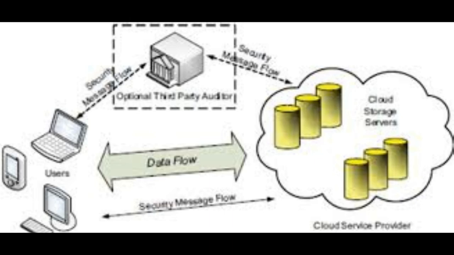Optimized performance. By distributing services across multiple locations, you can achieve better performance and reduced latency for users in different regions. Next is improved security. Distributed cloud infrastructures often offer more robust security by dispersing data across different zones, which can mitigate the risks of data breaches.